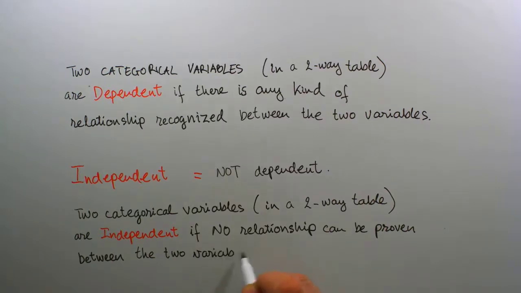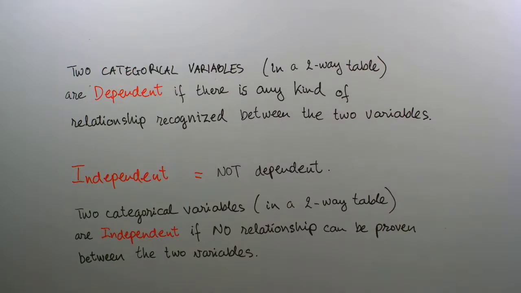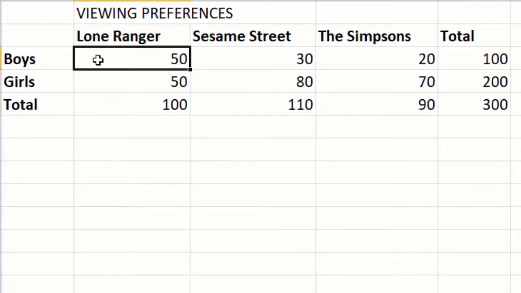And no relationships can be proven between the two variables means, think about the table that we have had here again. Maybe we recognize here that for Lone Ranger we will have equal ratio between boys and girls who favor watching that TV show, but maybe that's only happening in this table of ours. Other similar tables of 300 children arranged into two categorical variables like this, maybe we find different counts that do not reflect equality here.